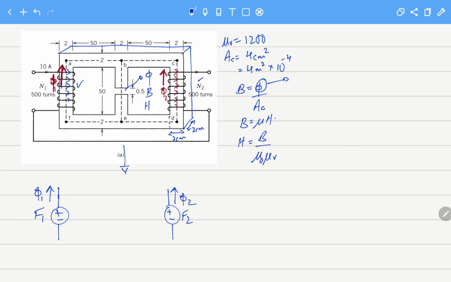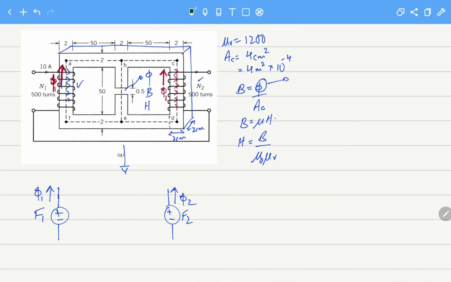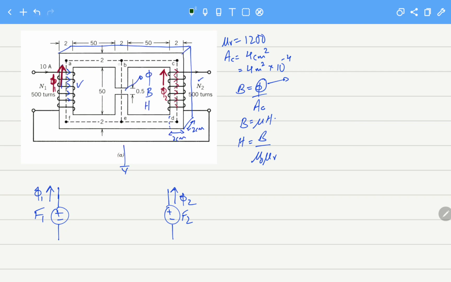Now let's look at the core itself. When we look at the core, I will select it from here, from this to this area, there is one flux that is flowing.